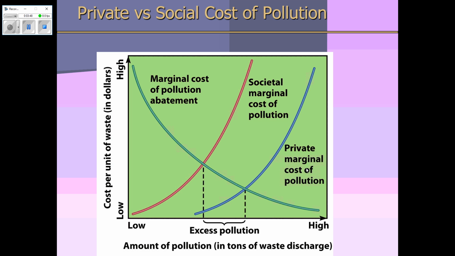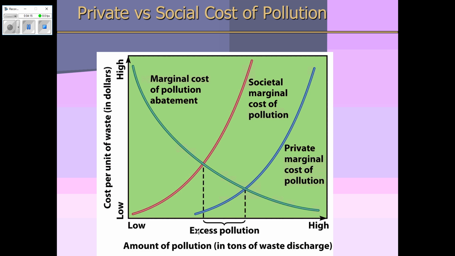It's really where we think we should be polluting, but we're not including the harmful effects to society. So here's our societal marginal cost of pollution. And to society, we should be polluting here. So we have excess pollution that goes into the environment. And in other words, this is the negative externality or the external cost that's being polluted.